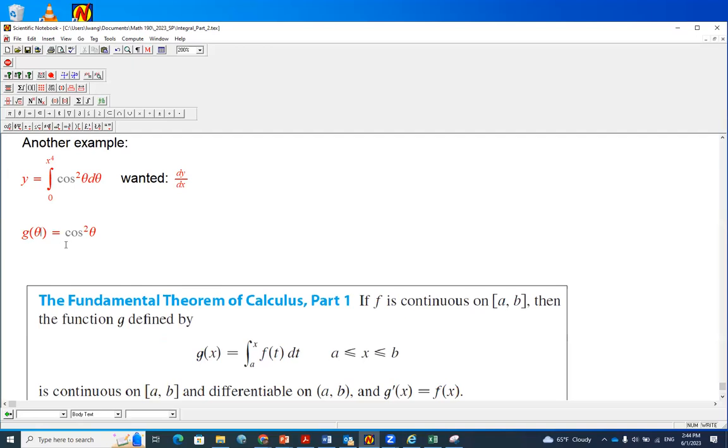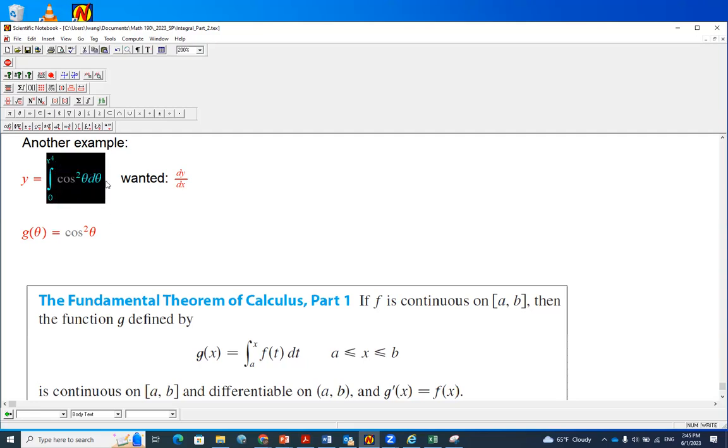If you use g of theta or g of t, it doesn't really matter. It's just a placeholder. I don't use x because I don't want to cause any confusion. So my g of theta is cosine square theta.